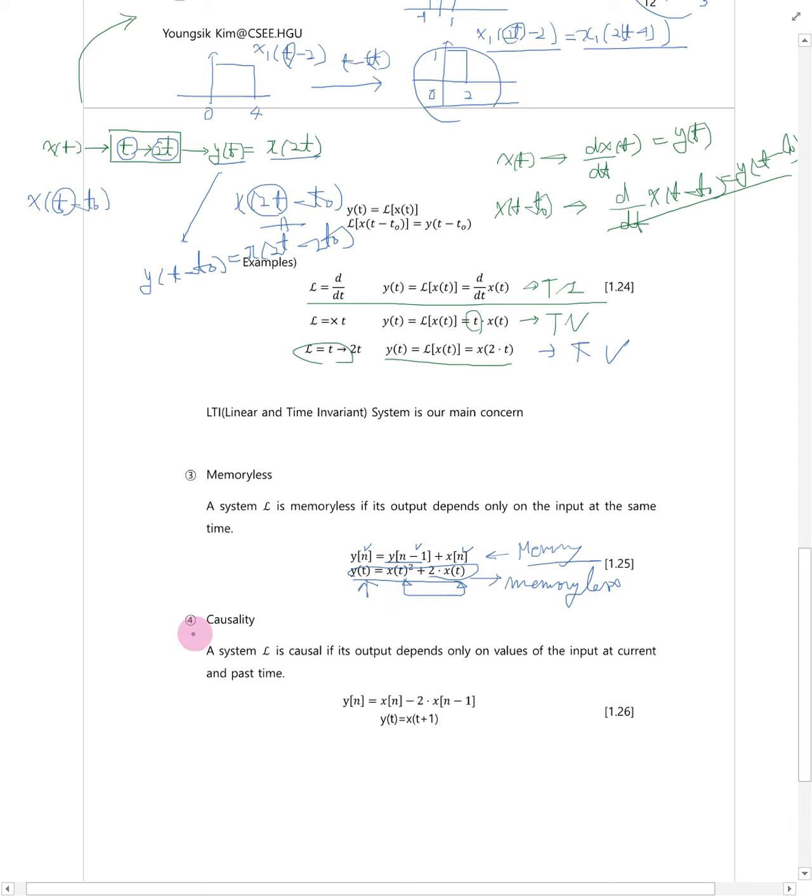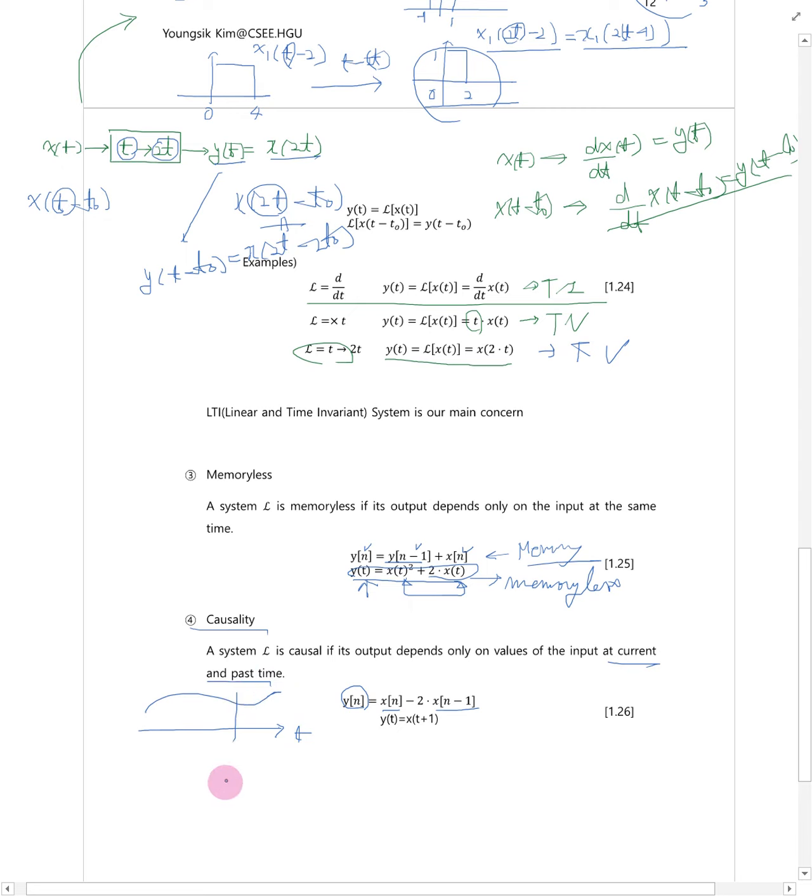The last one is causality. Causality means cause and effect. There should be some cause for the output to come out. So here it shows what that means. The output depends on the current and the previous value, or the current and the past value. Here is a time sequence, and the input is changing like that.